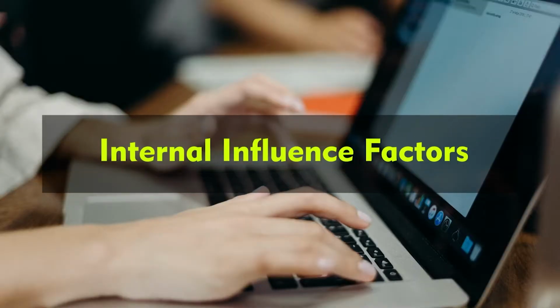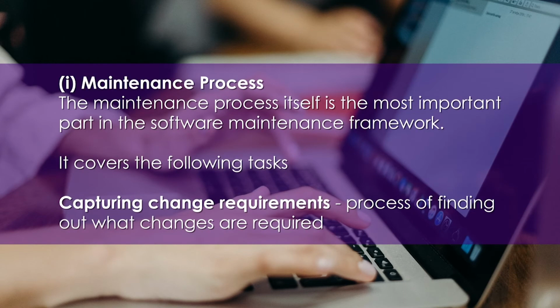And when we talk about the internal influence factors, the first one may be the maintenance process. The maintenance process itself is the most important part in the software maintenance framework.